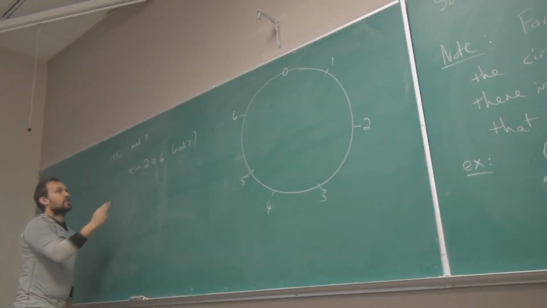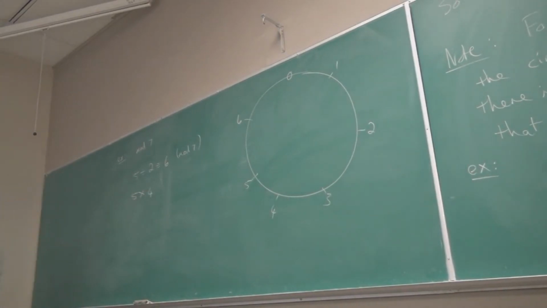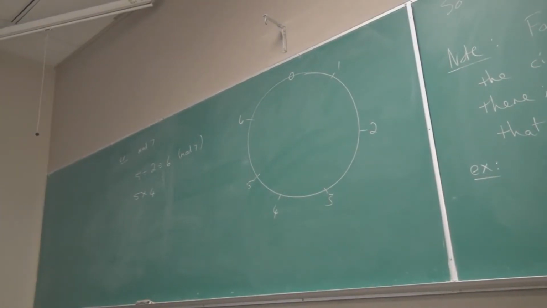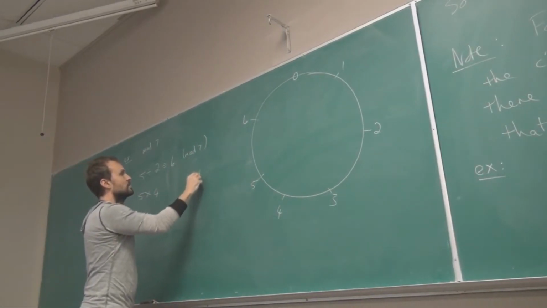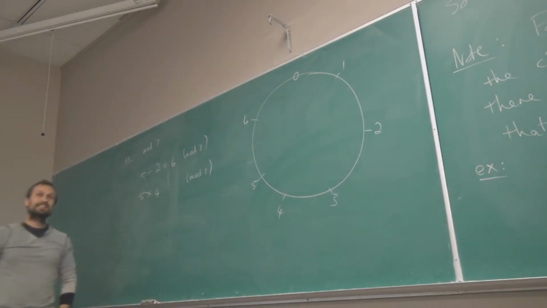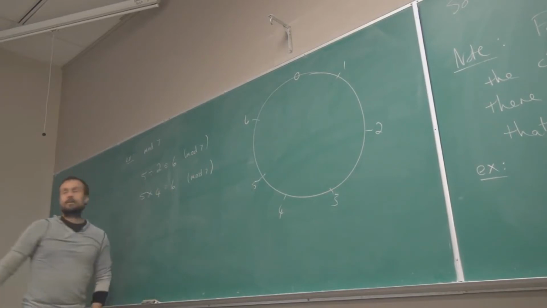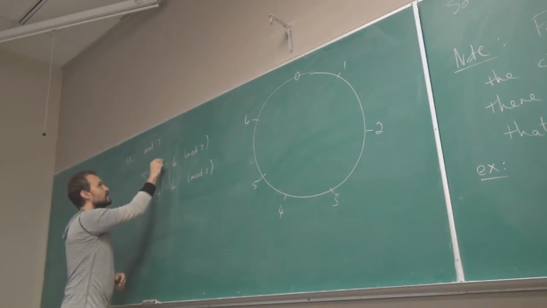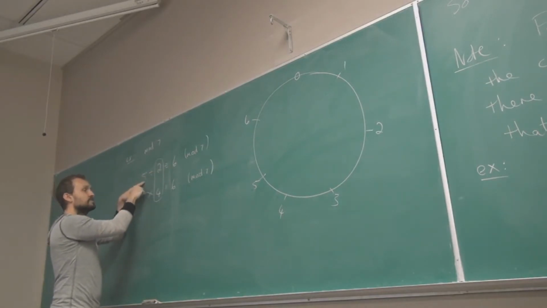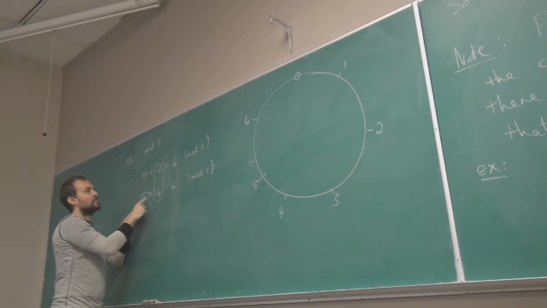I'm going to look at another question, but multiplication. What is 5 times 4, mod 7? Well, 5 times 4 is 20. 20 mod 7? 6. You can do this over and over for as many examples as you need. If I keep this first number the same, divide by something, I'll get the same answer as when I multiply by its multiplicative inverse.